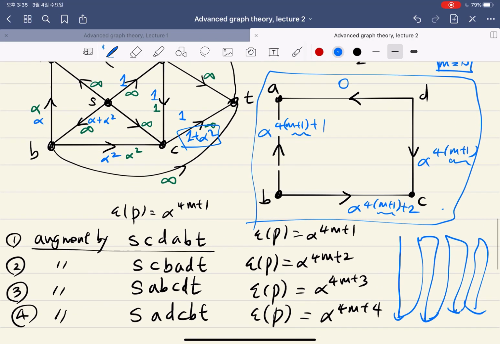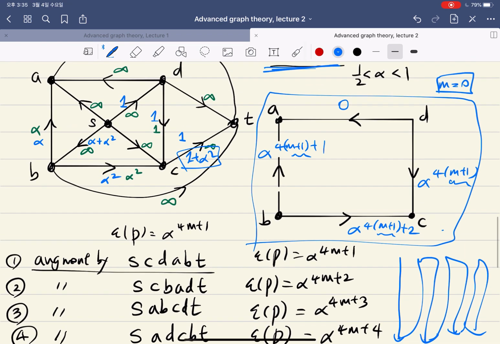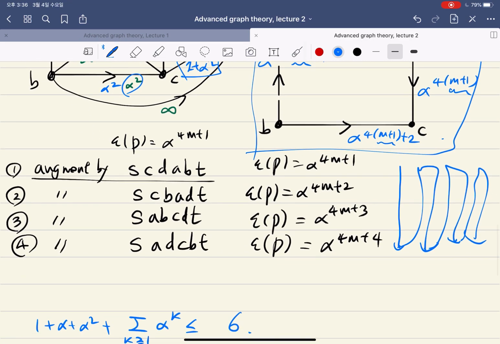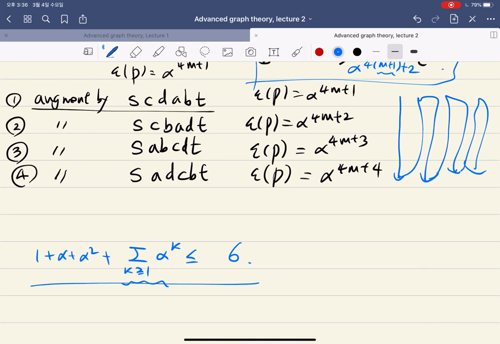So we have this network with some irrational capacity. And then we apply this Ford-Fulkerson algorithm. Then this algorithm never terminates. And the values that this algorithm gives converge to some number smaller than 6.